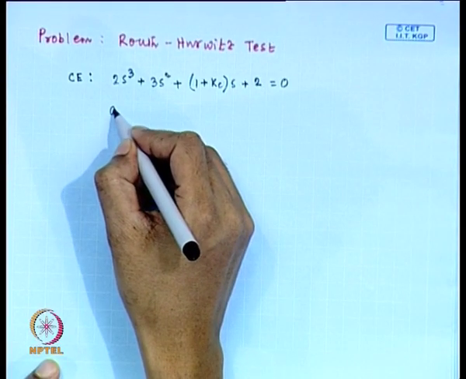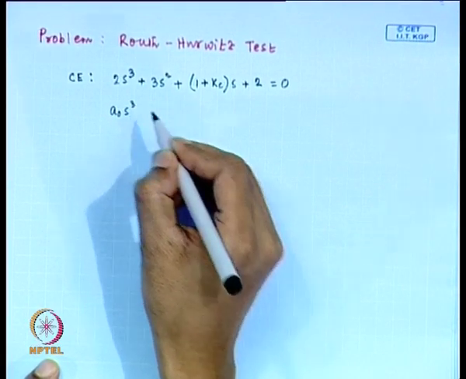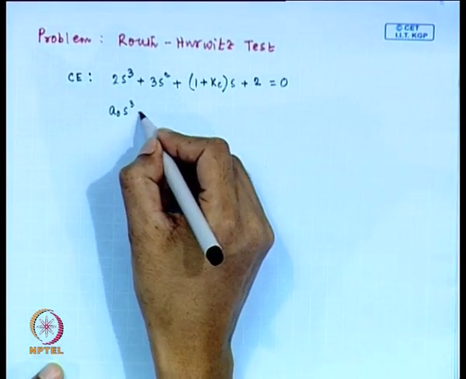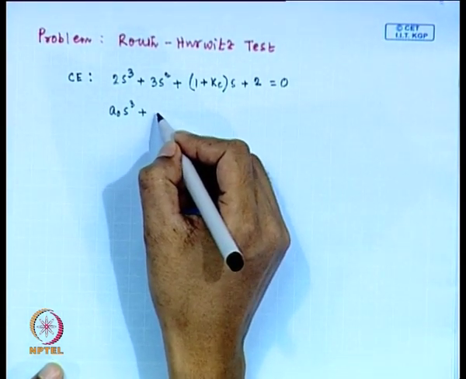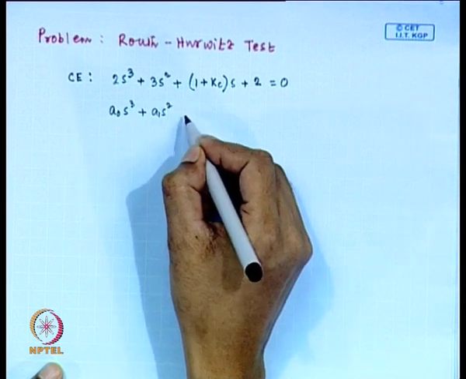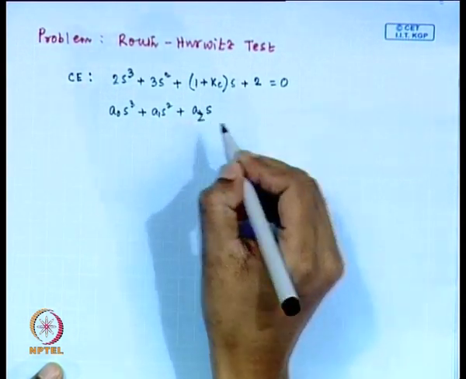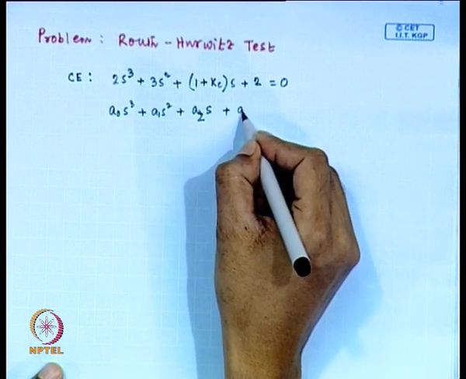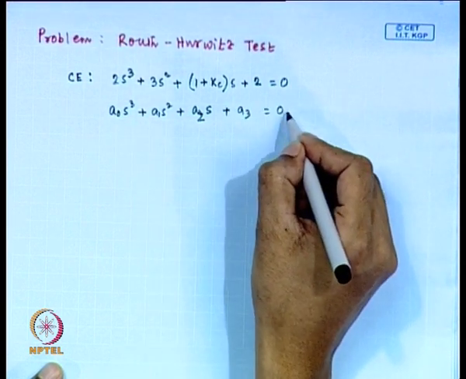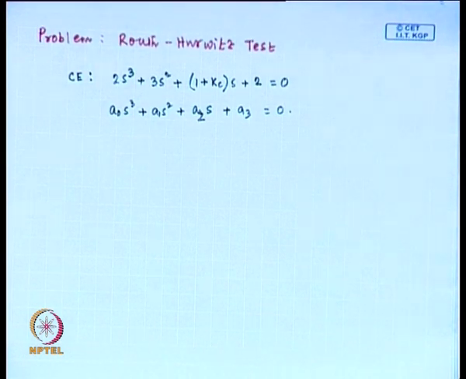Now, we need to compare this characteristic equation with the standard polynomial form of the characteristic equation. What is the standard form? That is a naught s cube plus a 1 s square plus a 2 s plus a 3 which is equal to 0.